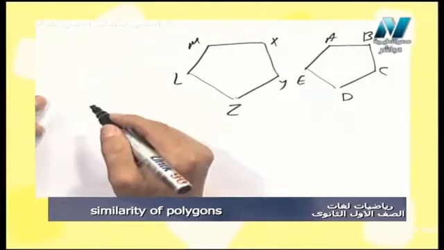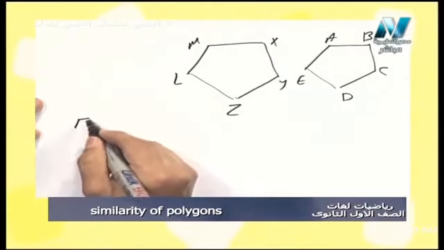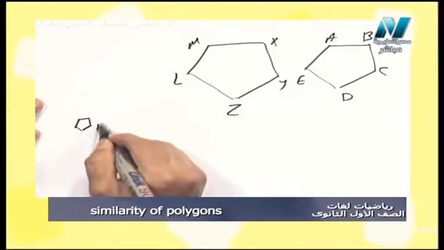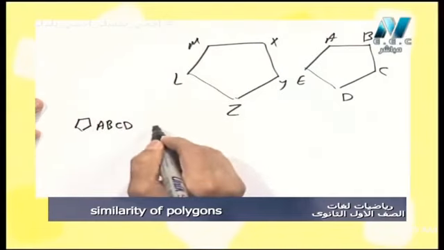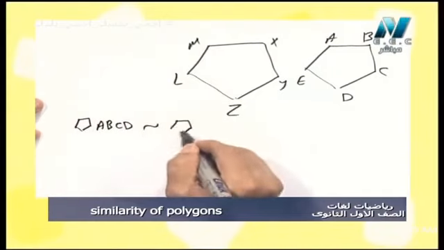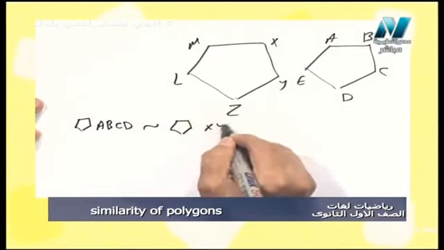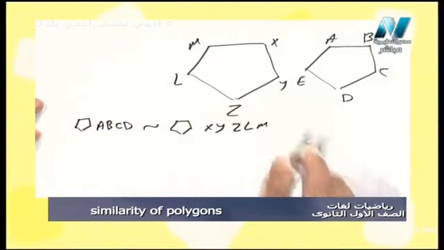We can say that the pentagon ABCDE is similar to the other pentagon, which is XYZLM.